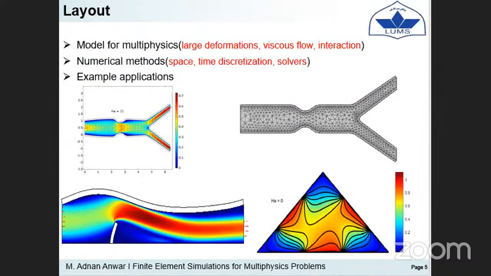Here is the layout of what is coming in the next slides. In the next few slides, I will talk about modeling from large deformation, ALE formulation, which will be followed by numerical tasks involved, space and time discretization, and some examples of projects which we have accomplished.